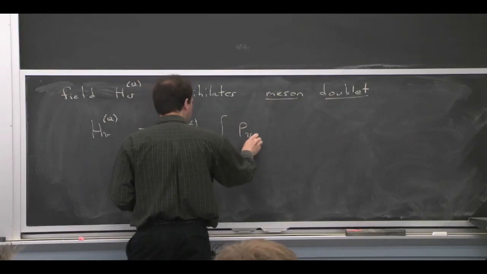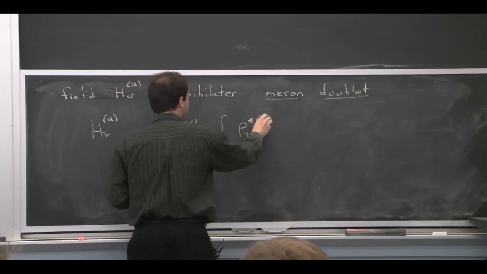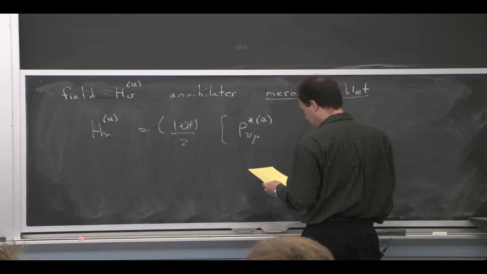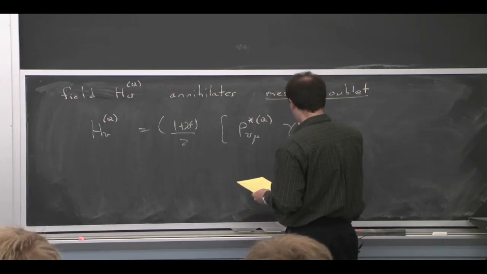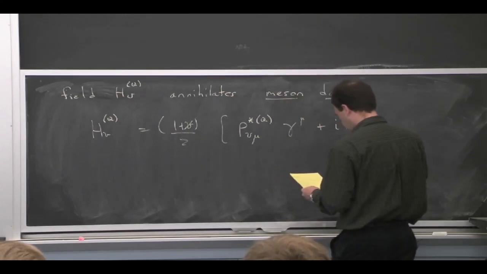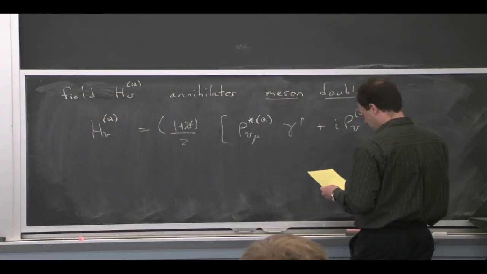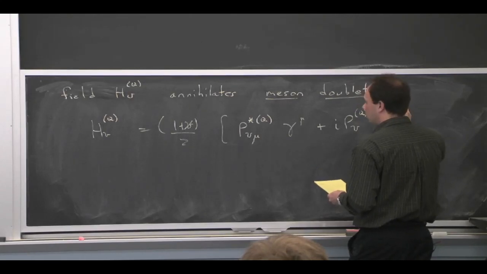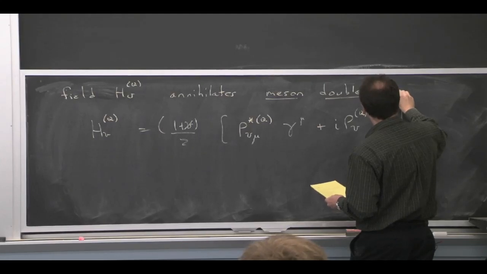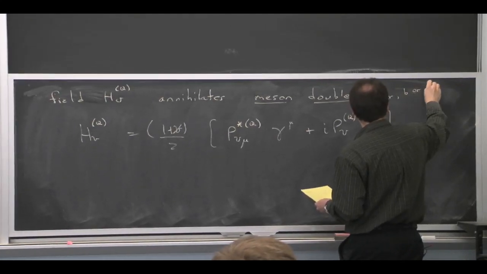P_v^{*μ}(Q) is something that annihilates a vector B star type meson. So Q could be charm as well. And P_v, without the μ, is annihilating the B meson if Q is B. This is the flavor, which you can think of, for this discussion, as bottom or charm.